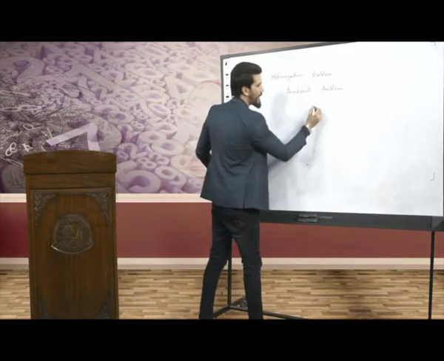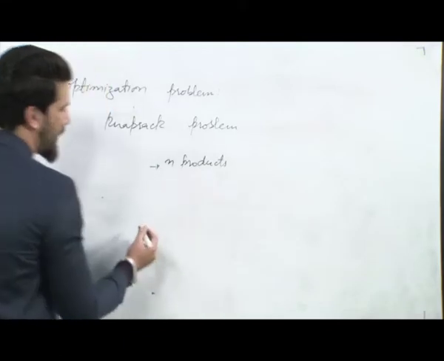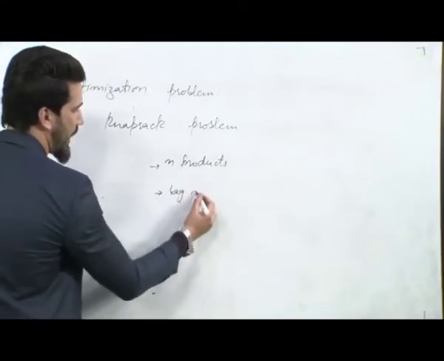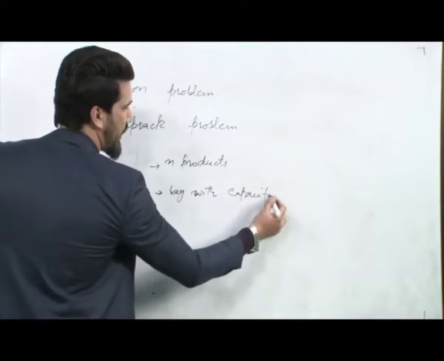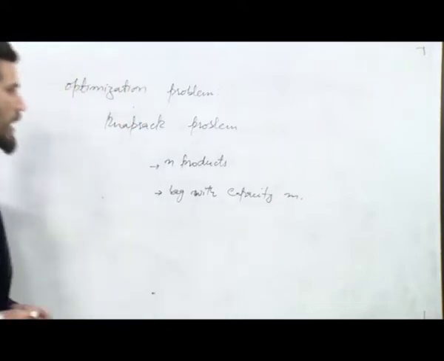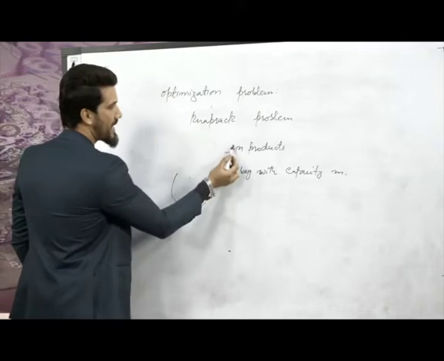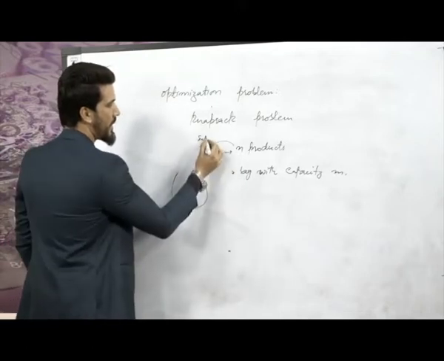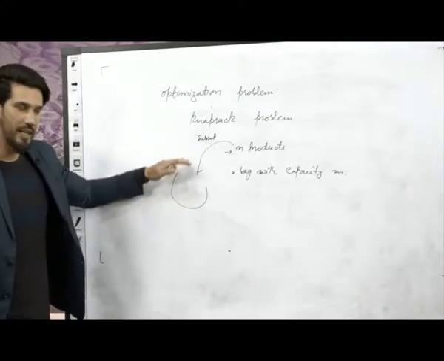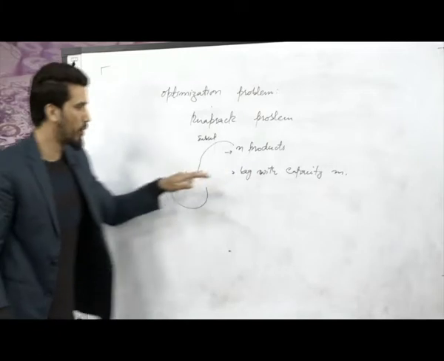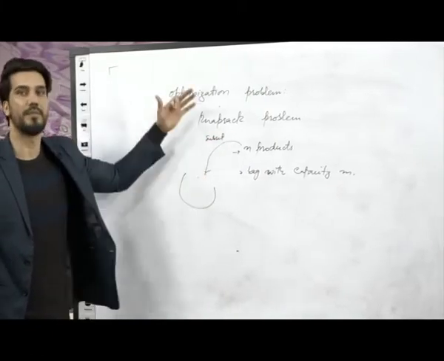Like we have n number of products available, and we have a knapsack with capacity M. We have to fill this bag with a subset of these n products, such that it's constrained by capacity M. It can only hold M units of these products, such that our profit is maximized.